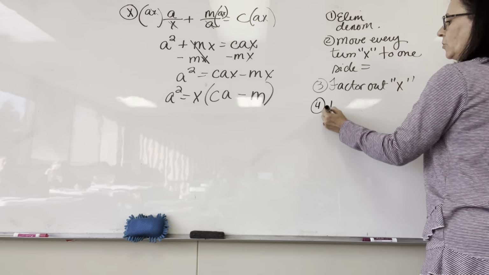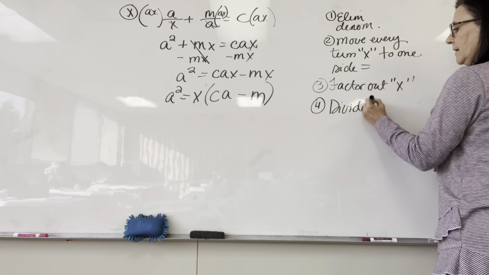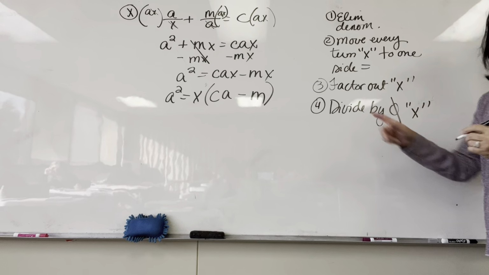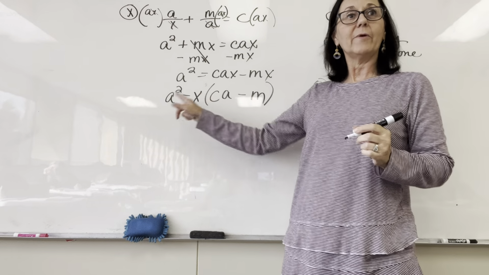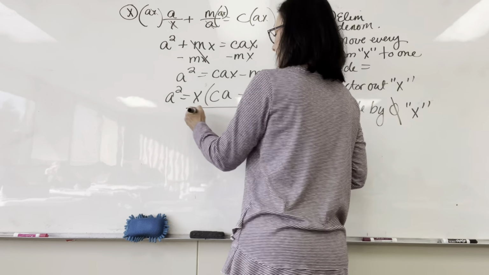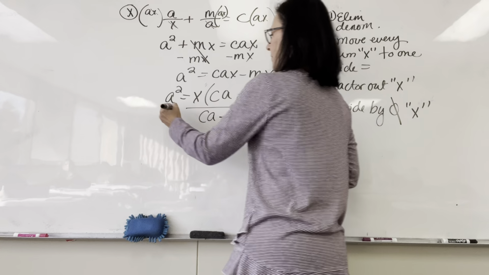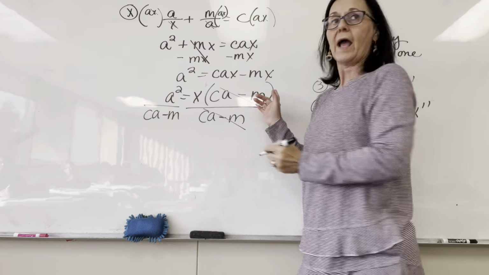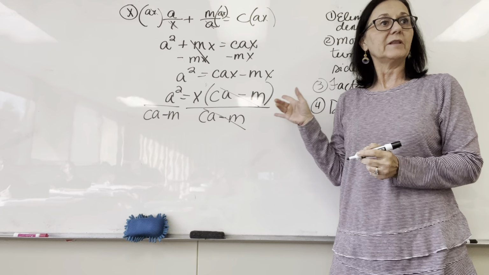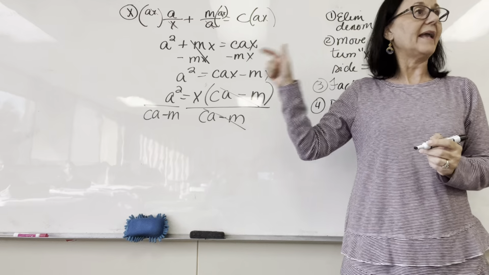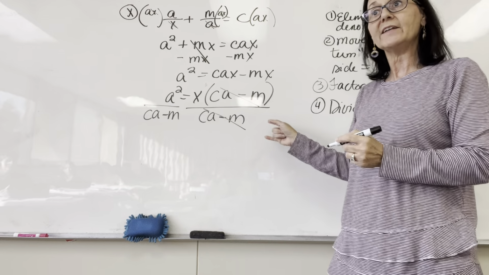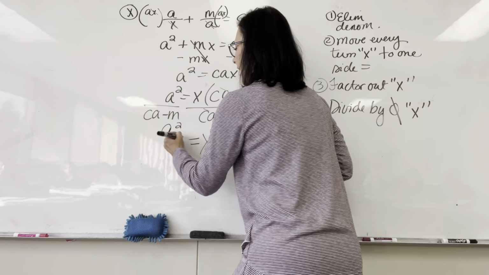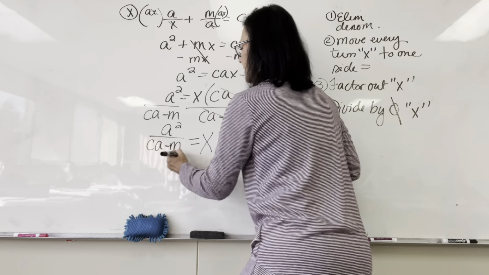Now, I'm going to divide by what's not x, because if I multiply, I can get rid of the one that it's multiplied by. So I divide by what is not x on both sides. On my right-hand side, that term eliminates because it is multiplied by x. Remember, we can only simplify terms that are multiplied. So I'm left with x equals a squared over ca minus m.